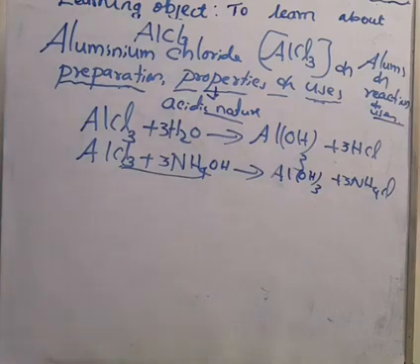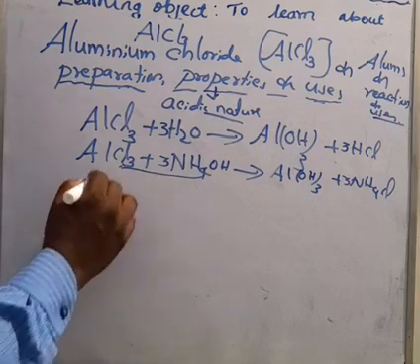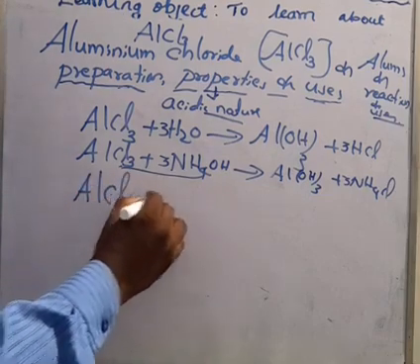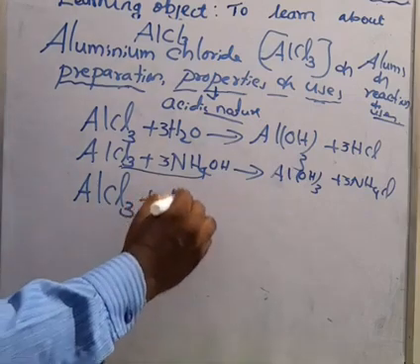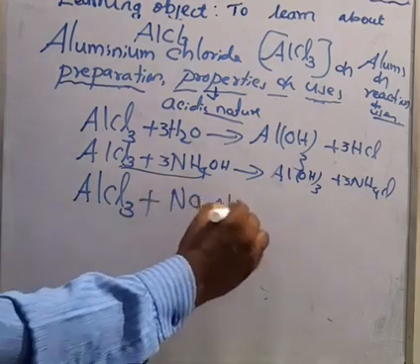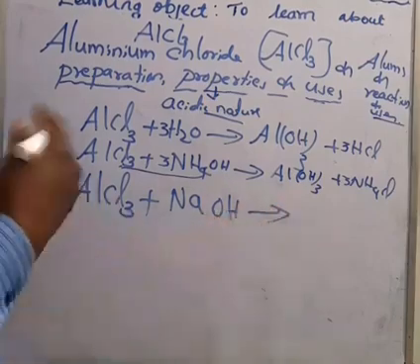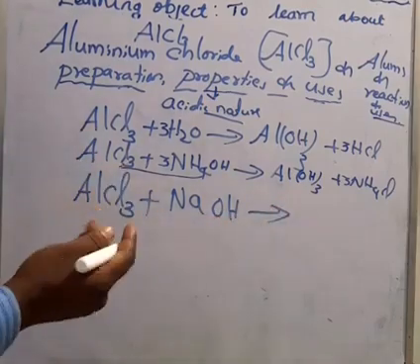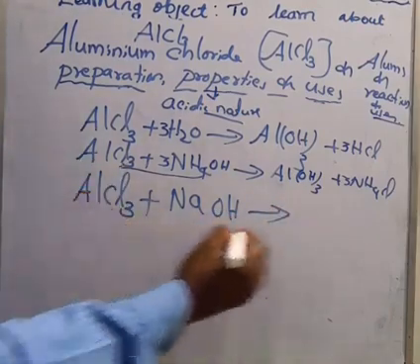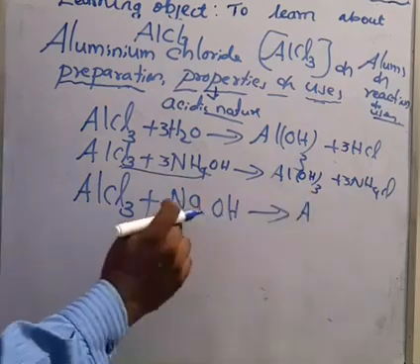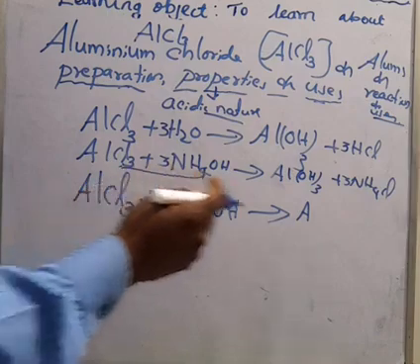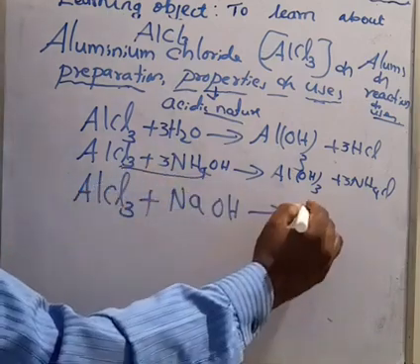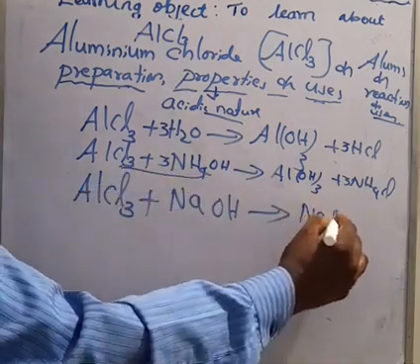Next, aluminum chloride, AlCl3, reacts with sodium hydroxide, NaOH. We get aluminum combining with sodium and oxygen to give NaAlO2, sodium meta-aluminate.